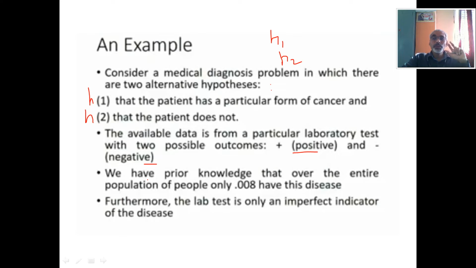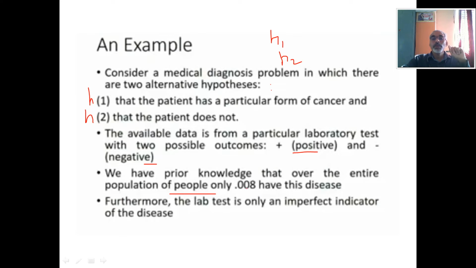Now, as we know, to apply the Bayesian theorem we need some prior knowledge, right? We have prior knowledge that over the entire population of people, only 0.008 have the disease. So when you consider the entire population, this is the prior knowledge we have.